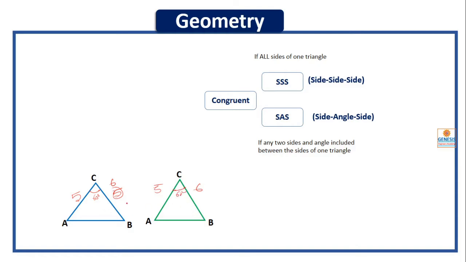If these two sides are equal and the included angle is the same, then the triangles are congruent.